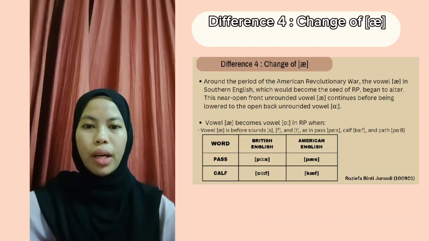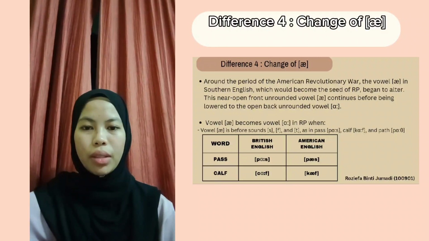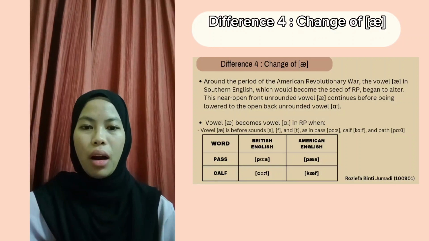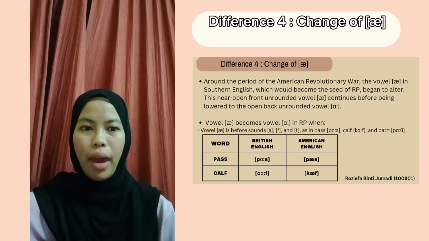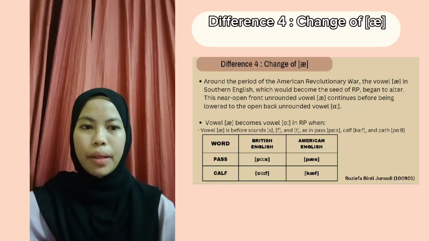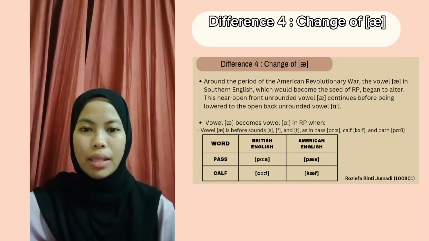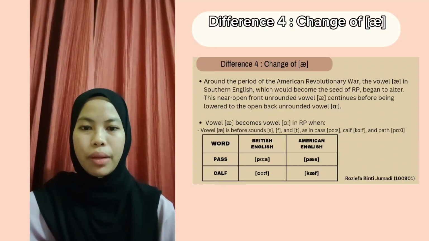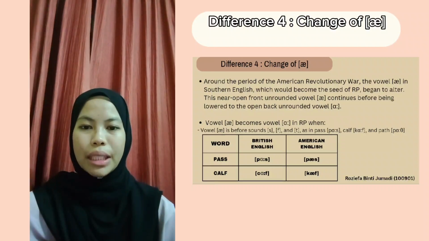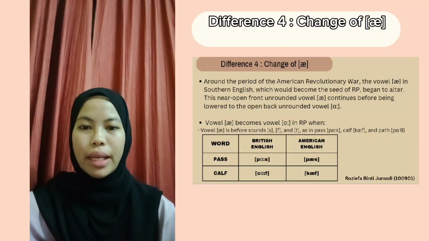This near open front unrounded vowel continues before being lowered to the open back unrounded vowel R. Vowel A becomes vowel R in RP when vowel A is before the sounds S, F, and T. For example, the word pass in British English is pronounced differently from American English. The word calf in British English is pronounced differently from American English.